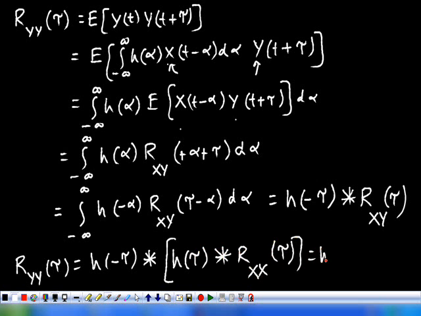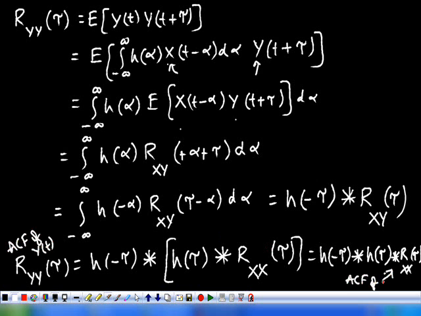Therefore, this can be written as h of minus tau convolution with h of tau convolution with Rxx of tau. So this is the relationship between the ACF of the output and the ACF of the input. Understood? The autocorrelation function of the output random process Ryy of tau is equivalent to h of minus tau convolution with h of tau convolution with Rxx of tau.